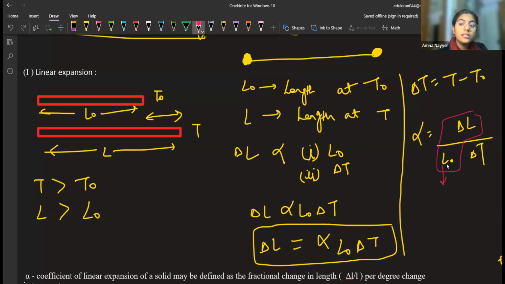So here, what am I saying? I'm saying this is the fractional change in the length.